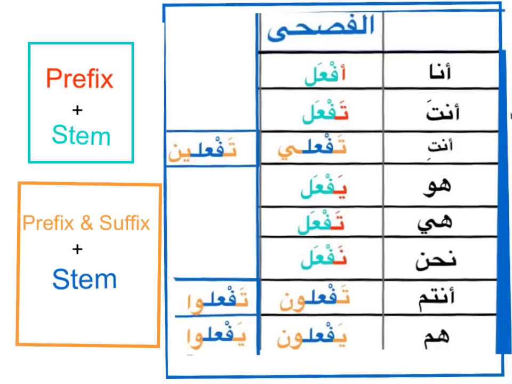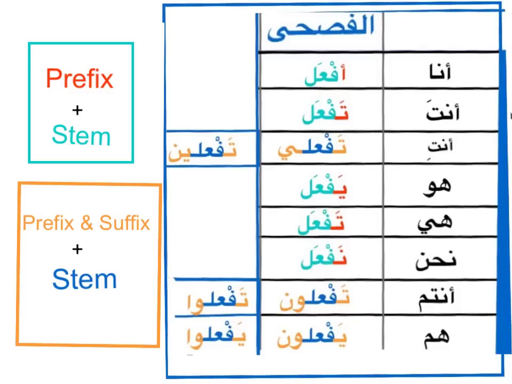Notice there's a combination of prefix and suffix with the stem, which remains intact in all examples. هو يفعل, prefix, stem. هي تفعل, she does, but in the action kind of doing, not the auxiliary verb to do.